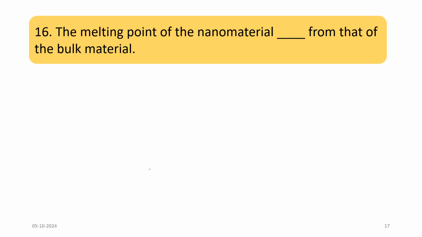The answer is decreases. The melting point of nanomaterial will be decreased from that of the bulk material, obviously. So the answer is decrease.